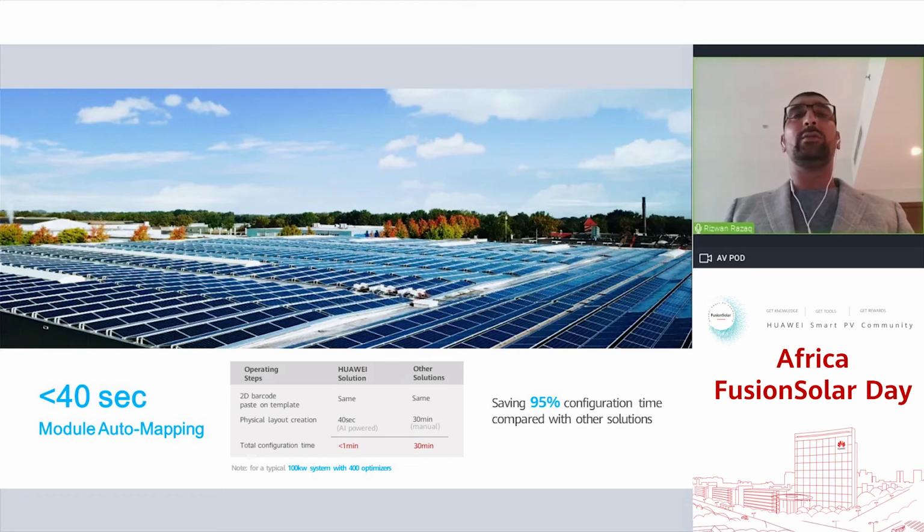When you are installing the optimizers, the QR codes can be peeled off very easily, laid out onto a piece of paper, and easily photographed and mapped into the software of the FusionSolar. Comparing that with a traditional solution where you are scanning multiple different QR codes, that can be quite labor intensive and take longer to install. So it's a shorter installation time compared to the traditional solution.